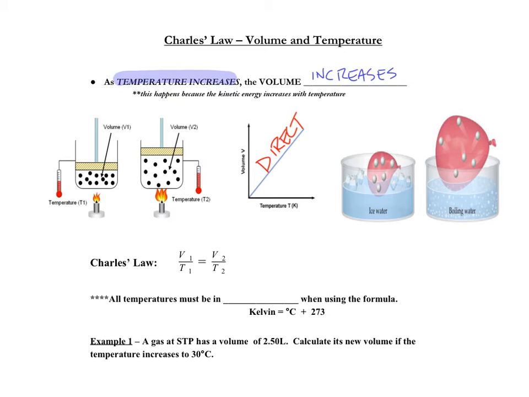So if I reverse this process, and this was my starting temperature and my starting volume, and I cooled down this gas, turned down the heat and allowed the temperature to drop a little bit, then my volume would also decrease. Whether your temperature increases or decreases, the volume of that gas is going to do the same exact thing.